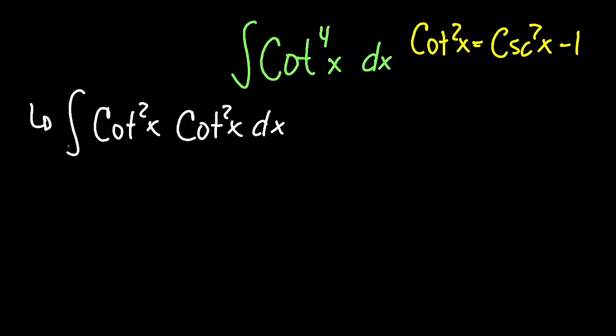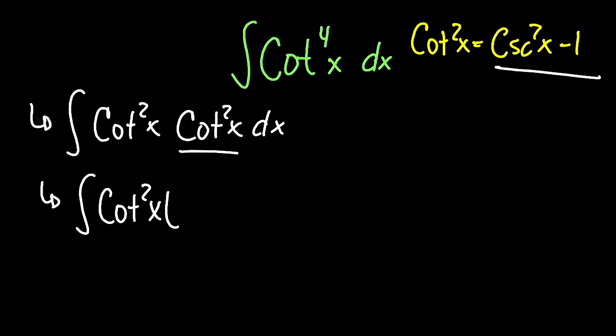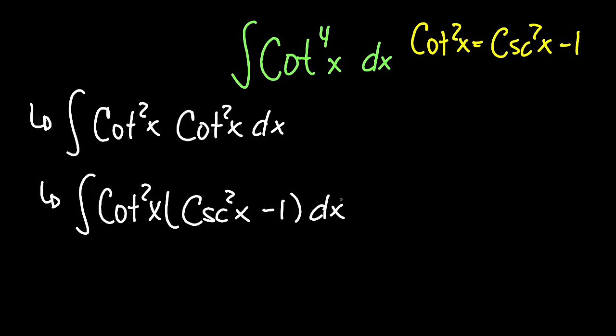And by that, let us replace it. Transforming this into its identity. And the next step would be to distribute cotangent squared of x among the parentheses.